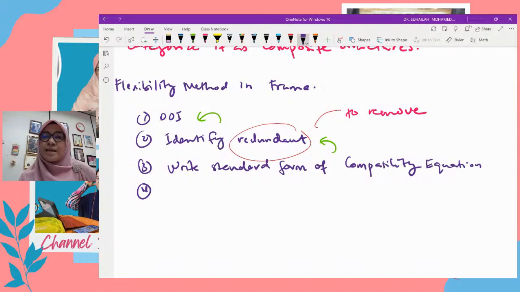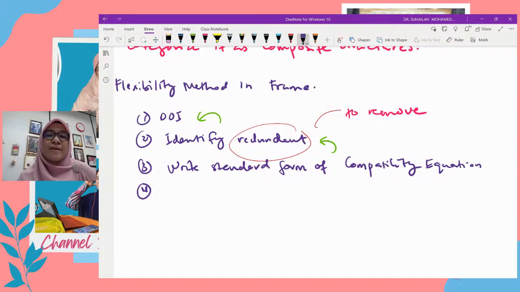In fulfilling the principle of superposition, we have another structure called the redundant structure. The primary structure as well as the redundant structure fulfill the principle of superposition, and from it we derive the compatibility equation.